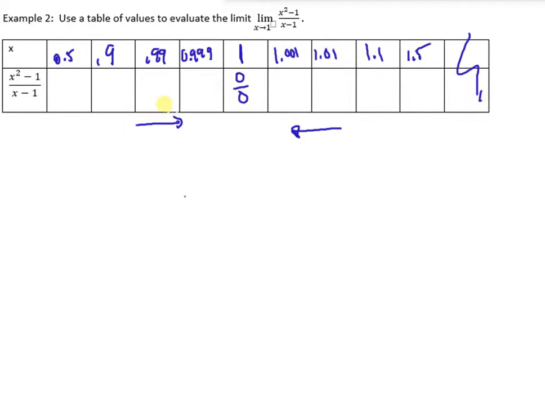If we do 0.5 squared minus 1 divided by 0.5 minus 1, we get 1.5.